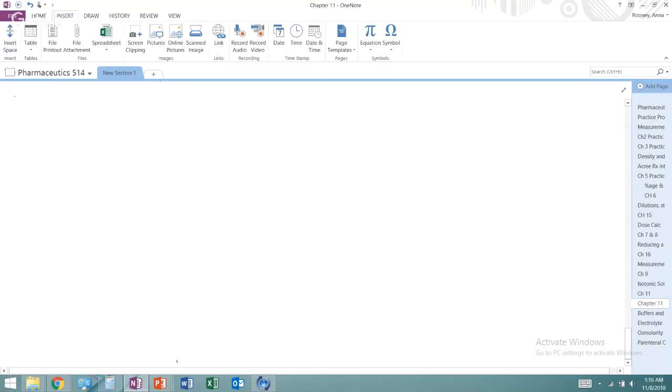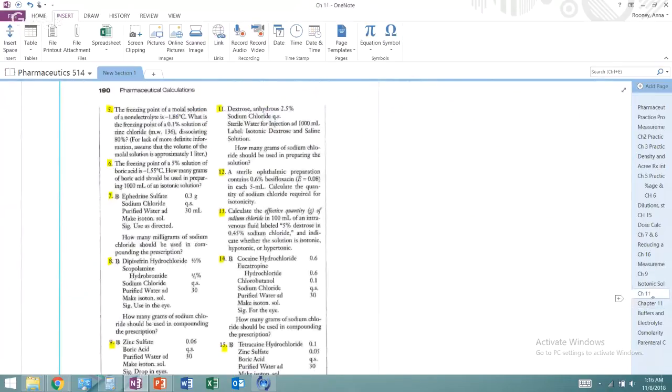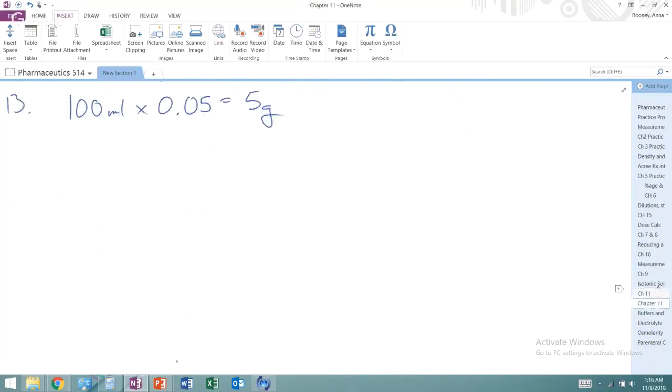Okay, so 13. So the first one is we have 5%, and we're doing 100 milliliters. I believe it doesn't give you the amount. Oh, no, it does give you the amount. Okay.